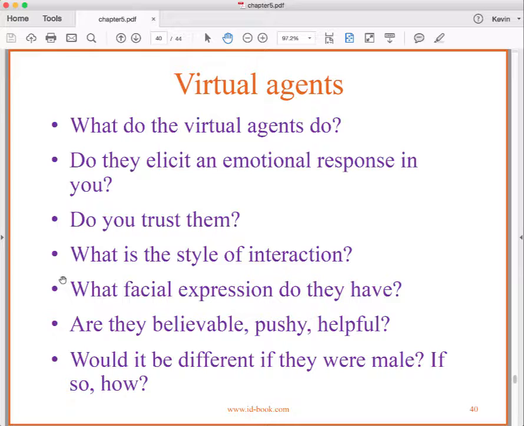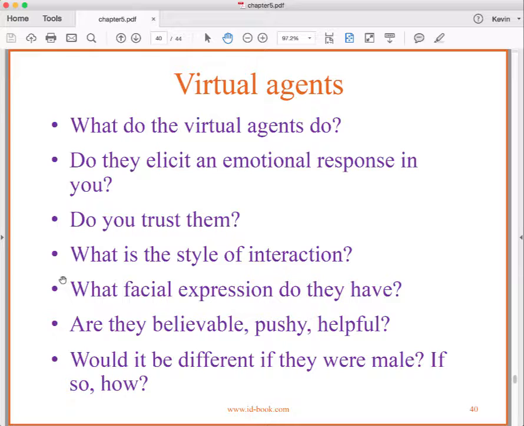So we have an activity in the chapter towards the very end, and we want you to go look at a virtual agent and see what the experience is like. What's their interaction style? Do they have facial expressions?